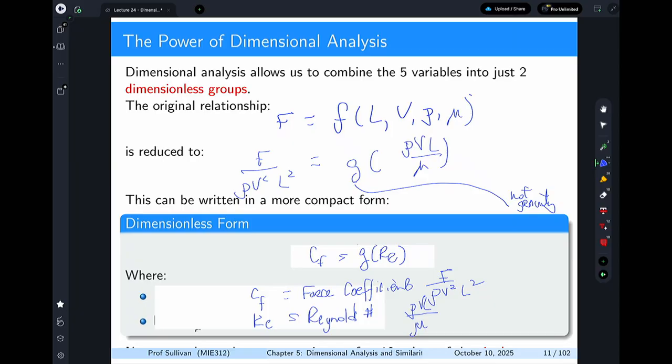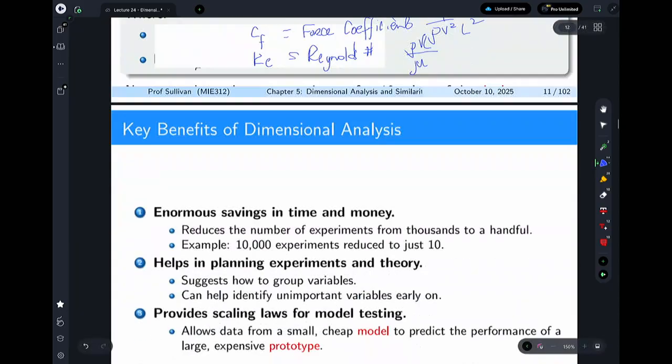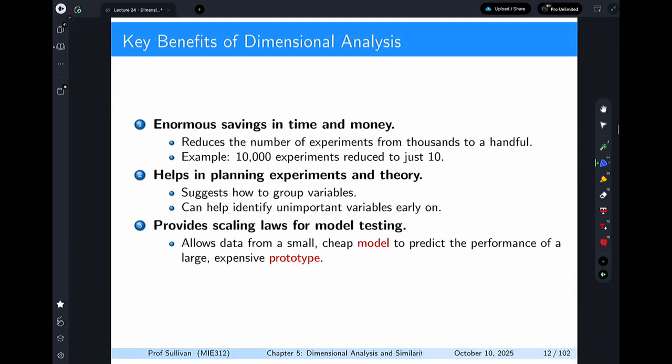This is one of the things to be very careful about as you non-dimensionalize. You're getting order of magnitude relationships. I can't multiply this by 10 and get the coefficient of force out of that. But it significantly reduces the number of experiments that I have to do.